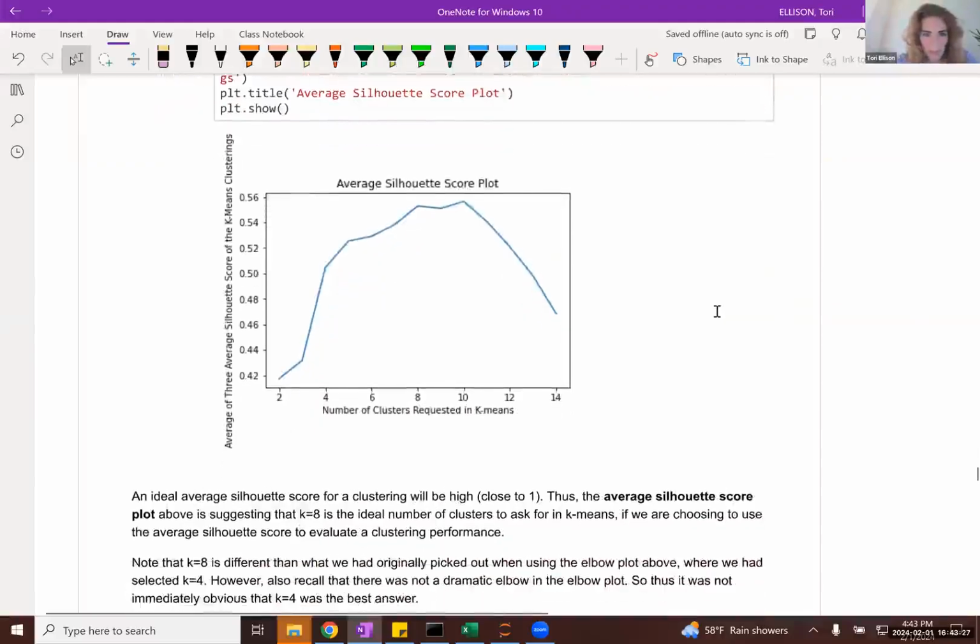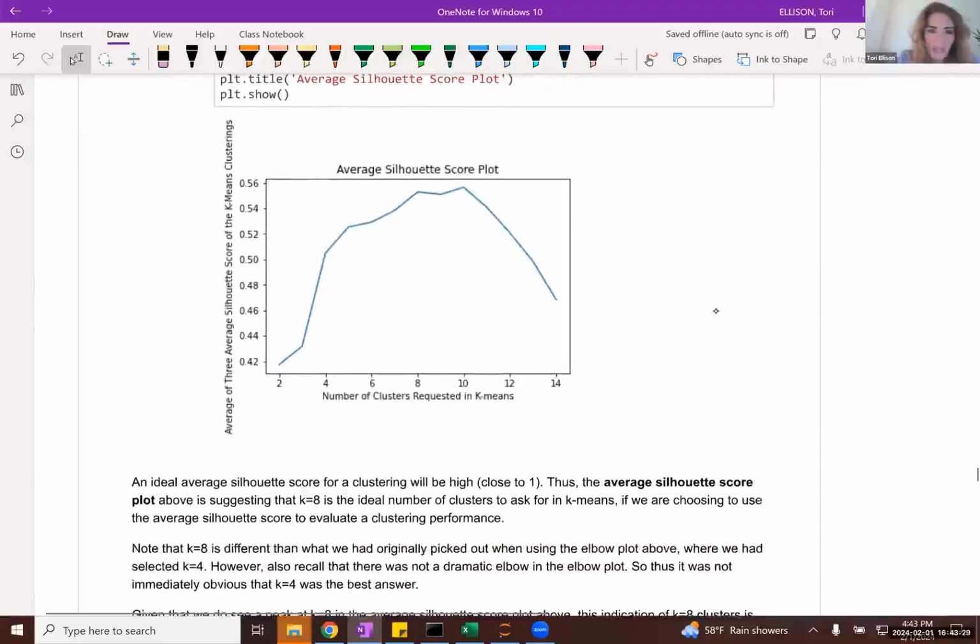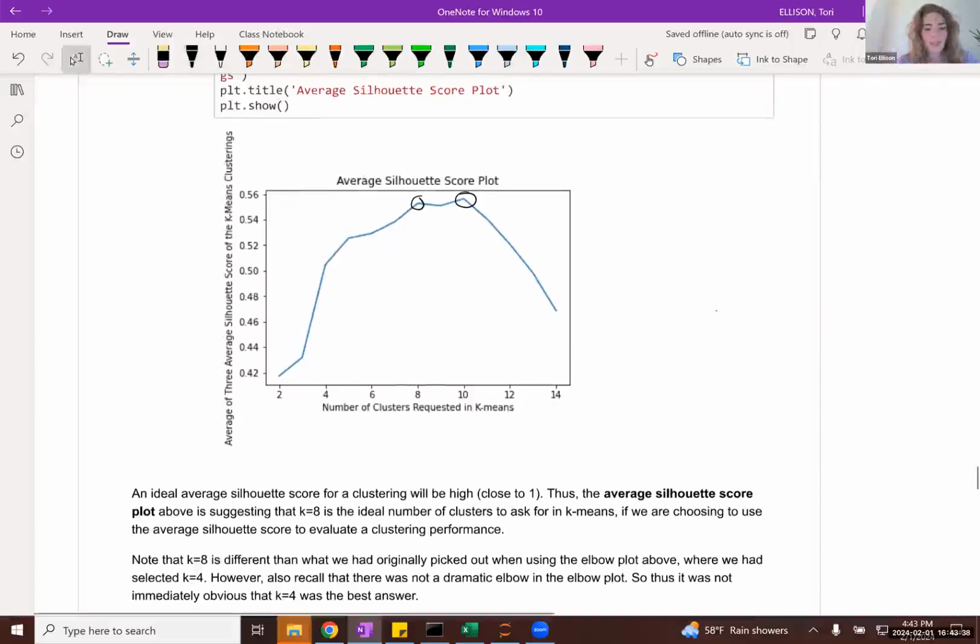And so what we can see here is that when we're choosing the best number of clusters based on an average silhouette score plot, as opposed to the elbow plot method, we're now looking for the cluster number that produces the highest average silhouette score. So this might be the clustering with 8 clusters or the clustering with 10 clusters.